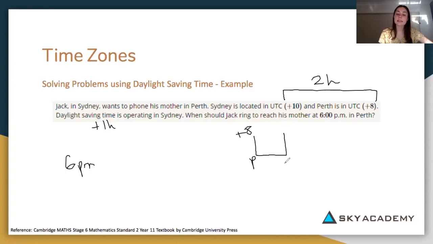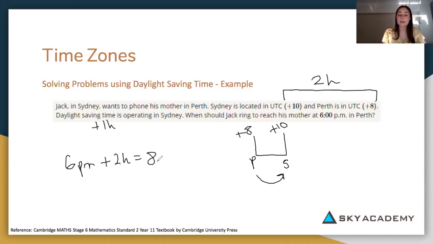So there's a difference of 2 hours, which we know. And because we're going from 6 p.m. when we want to call his mum in Perth, we have to add because we're going from Perth to figure out what the time will be in Sydney when he has to call his mum. So we have to do 6 p.m. plus 2 hours, which gives us 8 p.m.